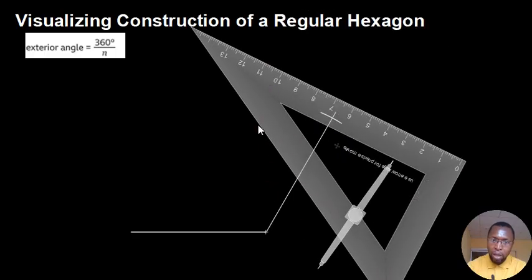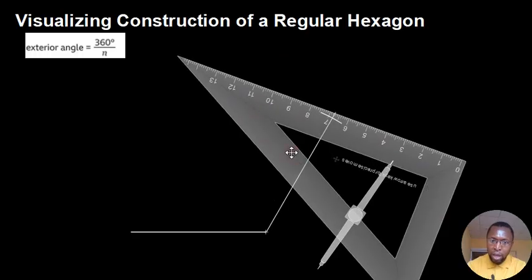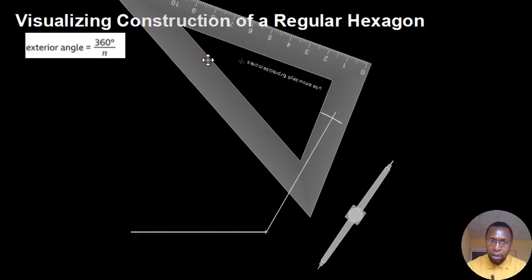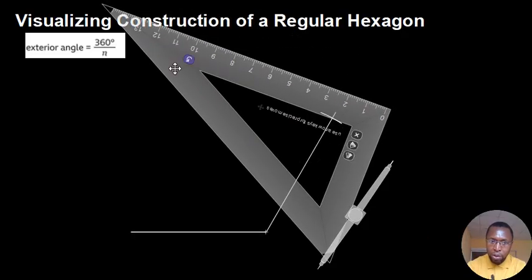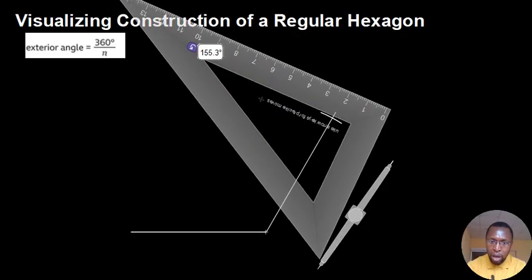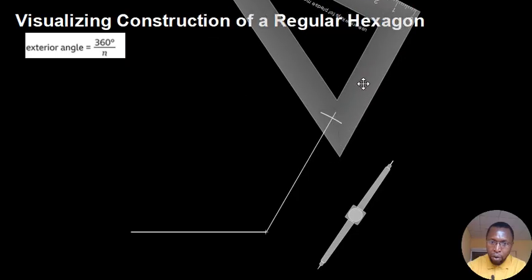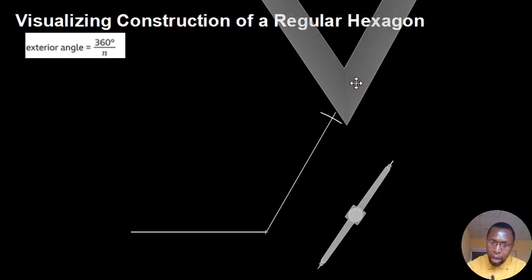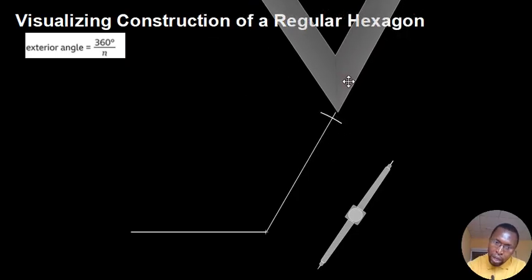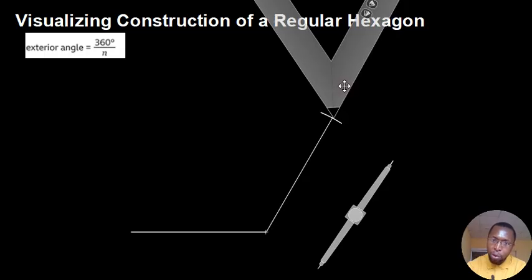Let me rotate this again. So I'm rotating it like this, then taking it. So let us rotate. I want to make sure that it's in line with the new line I've drawn, and I'm placing it at the tip of this line. Okay, I'm placing it at the tip. Now I'm placing it at that point where I made an arc because that's the length I'm using.